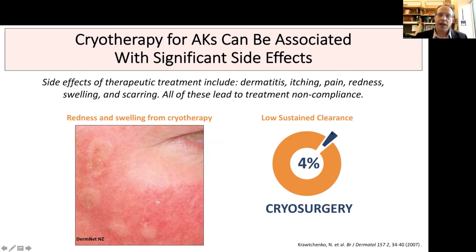And this particular data on the right from a British Journal of Dermatology study suggested that if you're using cryotherapy within a field of actinic keratoses, there's a very low sustained clearance rate, possibly only around 4%, suggesting that cryotherapy is not necessarily very good at treating actinic keratoses within a larger field of damage. And that's a key point we're going to focus on.